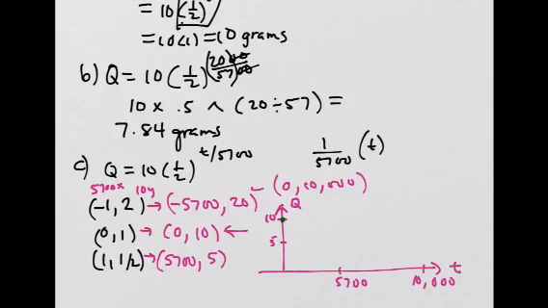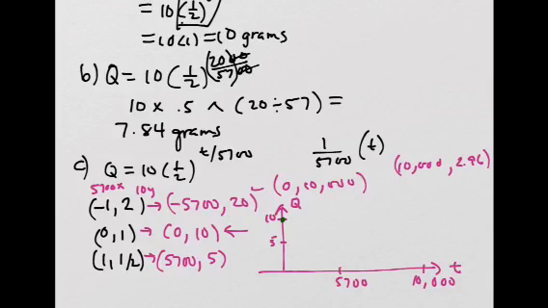And when you plug in 10,000 for T and plug it into a calculator, you get the point. So 10,000, let me just put it here, gives you 2.96. Okay, so that's the ordered pair for 10,000.